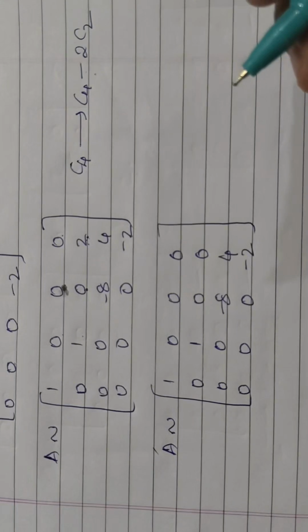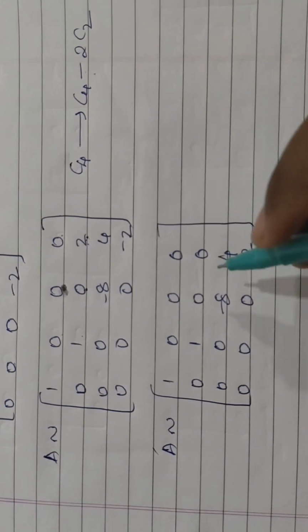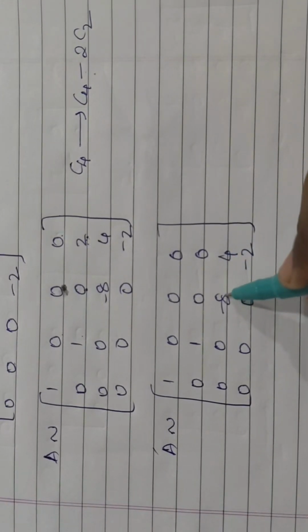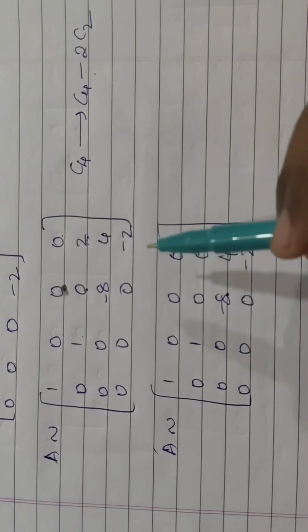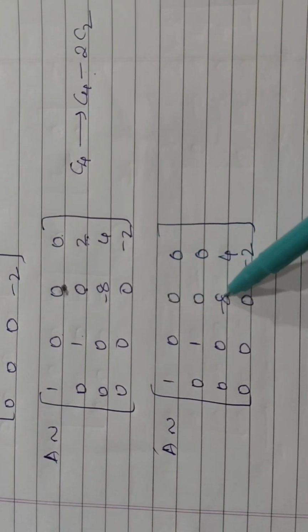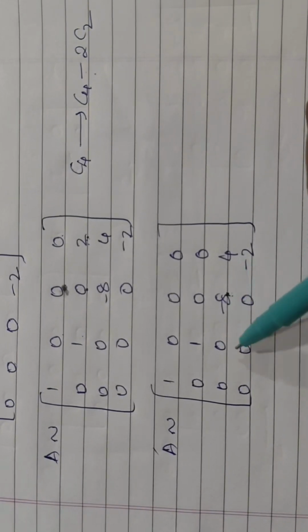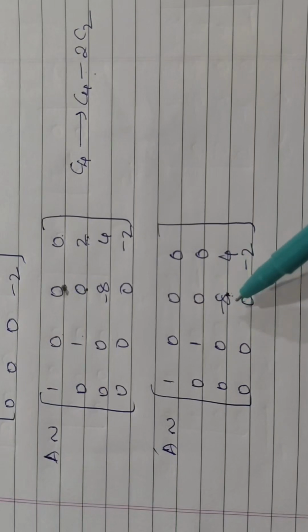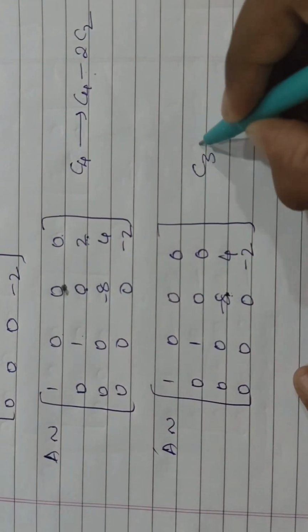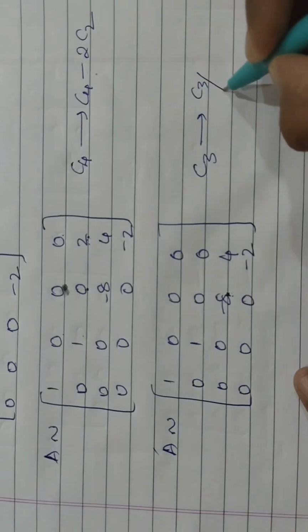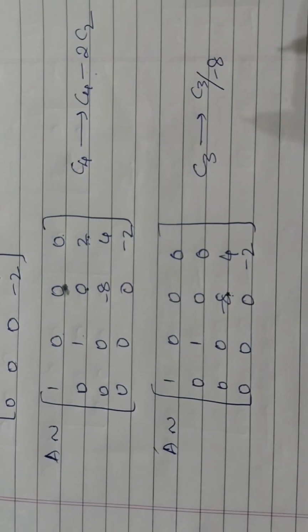And what about the third step? Here in the third step, we'll make this 1, because in the third step of the normal form we are moving to the third column, third element. Here we are having minus 8, so we'll divide this column by minus 8. So C3 is changing to C3 by minus 8.